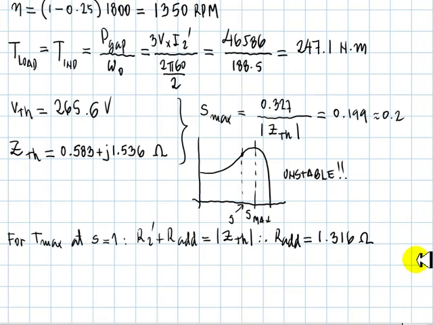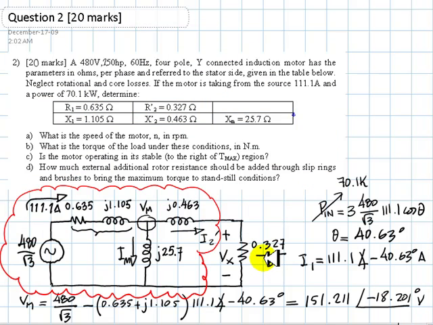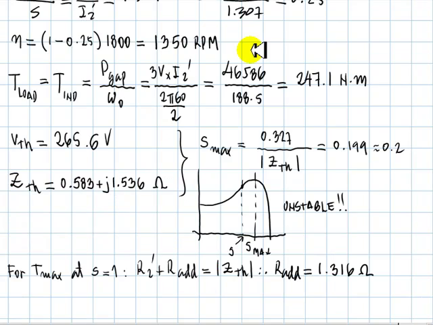And to do that, we need the Thevenin equivalent of our circuit, the Thevenin equivalent seen by this resistor, the Thevenin equivalent of all that is enclosed by that red cloud. That is a simple matter of computing V Thevenin and Z Thevenin for that circuit seen from the point of view of the resistor, and they turn out to be 266 volts and some impedance that is written down here.